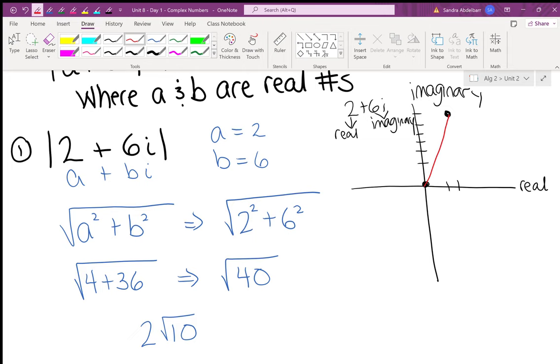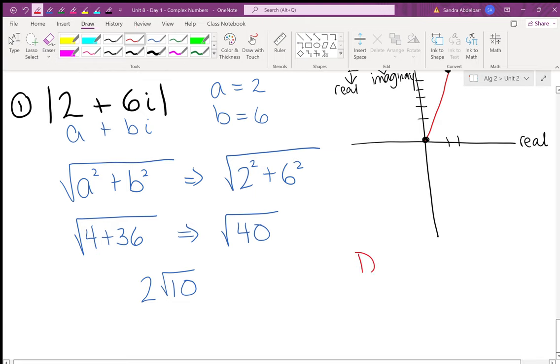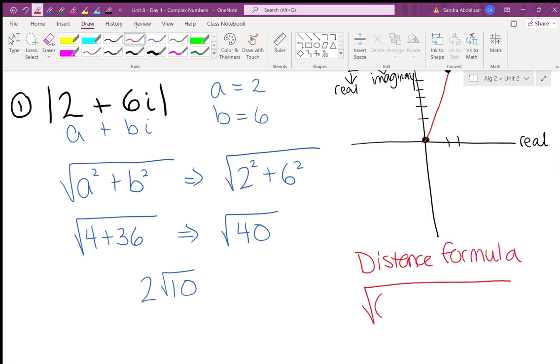Do we agree? All right, well, how do we find the distance? Think back to geometry. You can use the Pythagorean theorem, but the shortcut on the Pythagorean theorem is the distance formula. And if you remember, the distance formula was the root of x2 minus x1 squared plus y2 minus y1 squared.